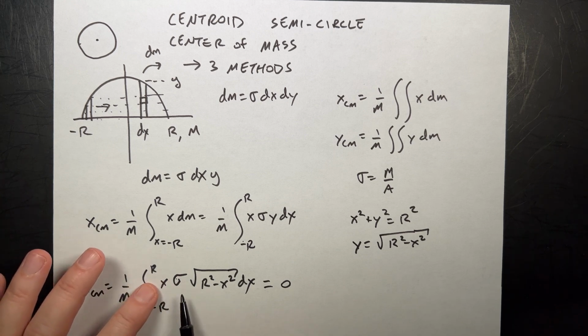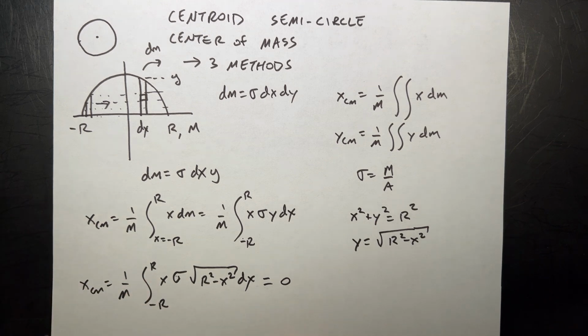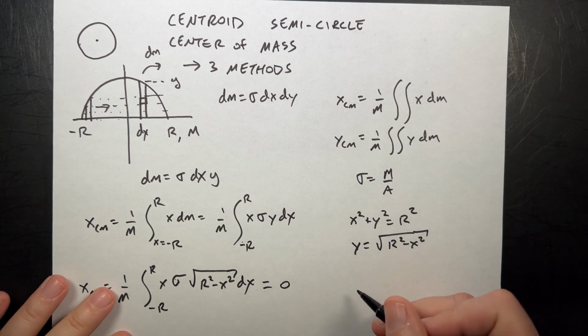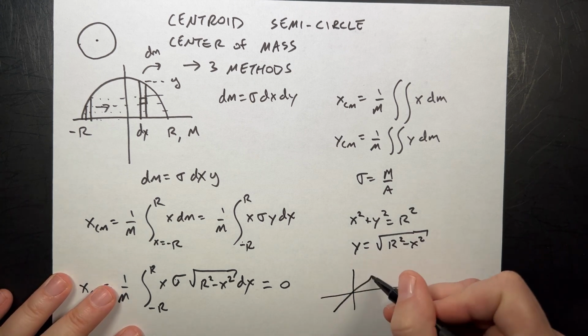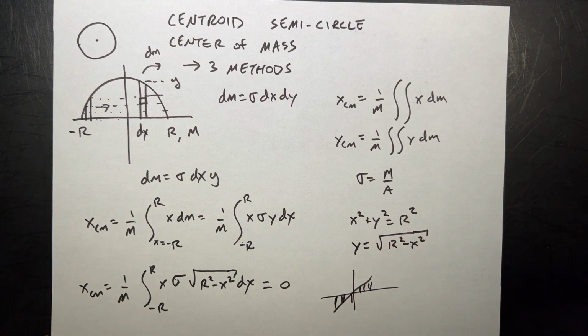An odd function times an even function is odd, and the integral of an odd function over a symmetric interval is 0. It'd be like integrating y equals x. This positive value and this negative value are equal and opposite, so the total integral is 0. I know that's a little bit of a letdown, but I want to do the other integral, and so that's more important.